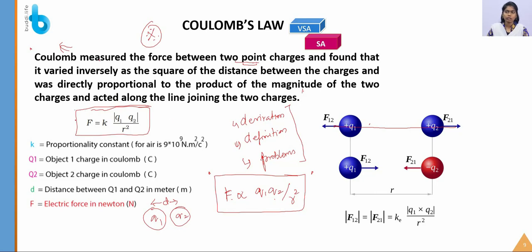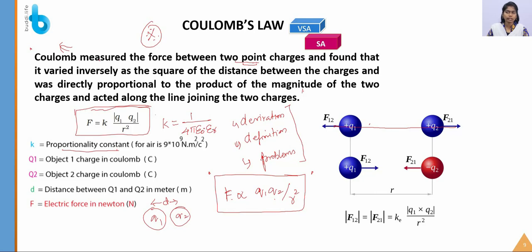Okay, let's see what the formula for that is. F is directly proportional to Q1 Q2 by R square, right? After writing equal to, the constant of proportionality is introduced here, which is equal to 1 by 4 pi epsilon naught. When the charges are present in a medium, epsilon naught R will occur.